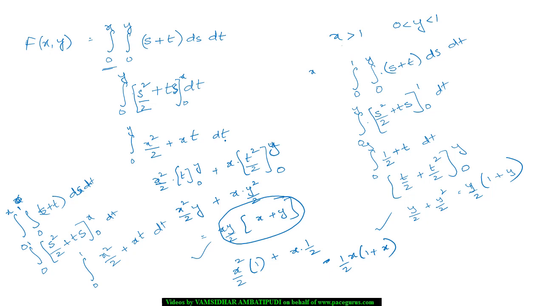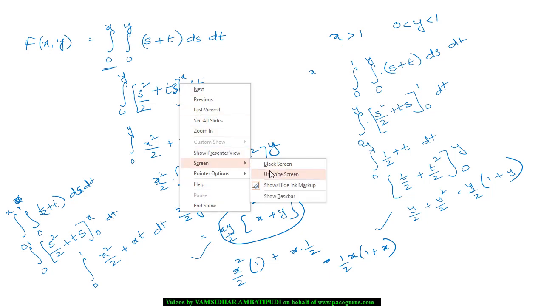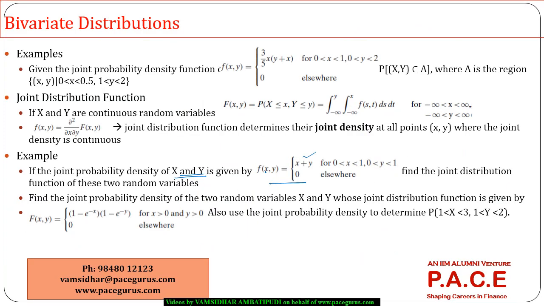And if y is lying between 0 and 1, and x is greater than or equal to 1, F of xy is working out as 1 by 2 y into y plus 1. And if both of them are greater than or equal to 1, the overall capital F of xy is working out to be 1. So this is how, given the density function, if I have to find out the distribution function, this is the typical mechanism that we are going to follow.